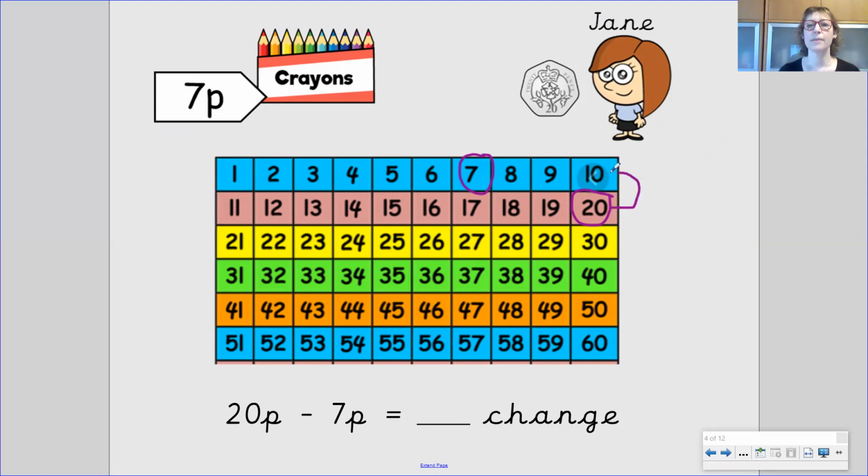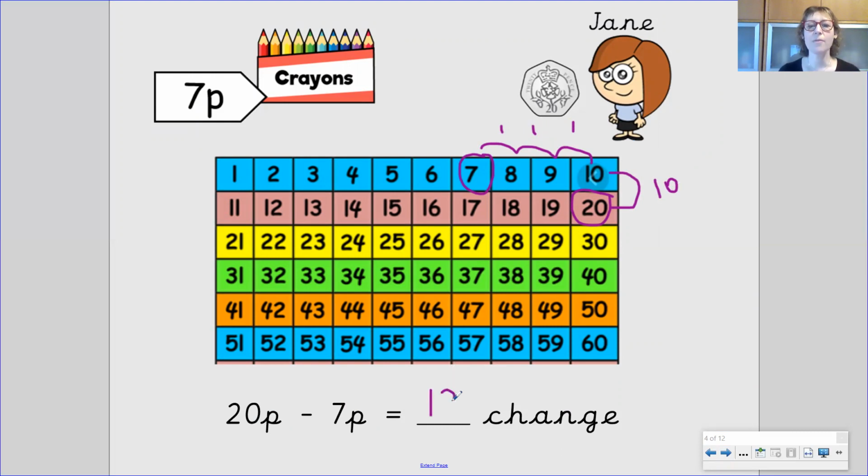So first of all, we're going to count back to 10. So we know that that's 10. And then we're going to go back from there, we're going to count along to the 7. That's 1, 2, 3. So we have counted back 10, 11, 12, 13p.